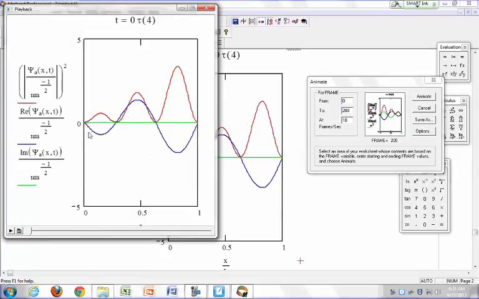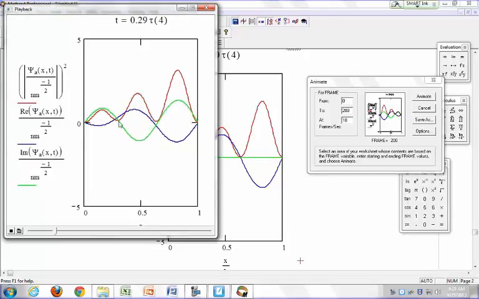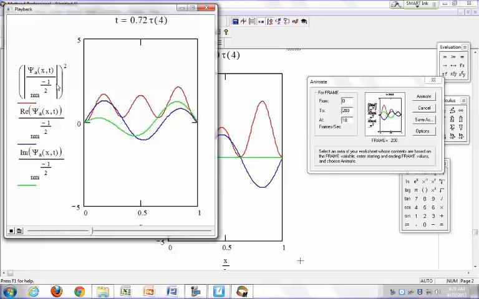Alright. So let's look at the blue curve. That's the real part. I'm going to play it. You can see the real part is changing. The imaginary part is changing. But look at the red curve. The red curve is the square of psi.